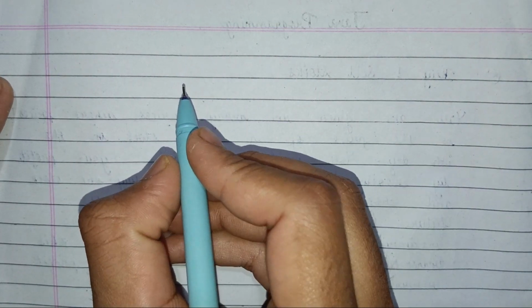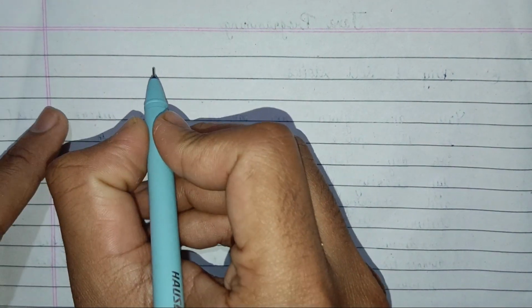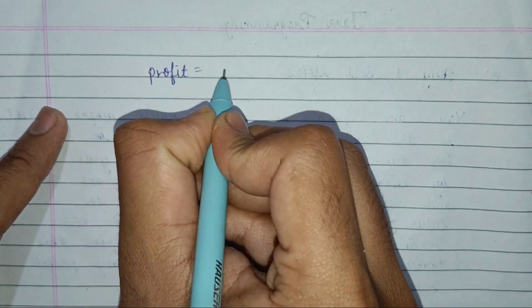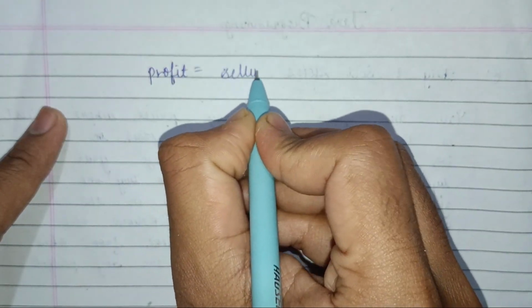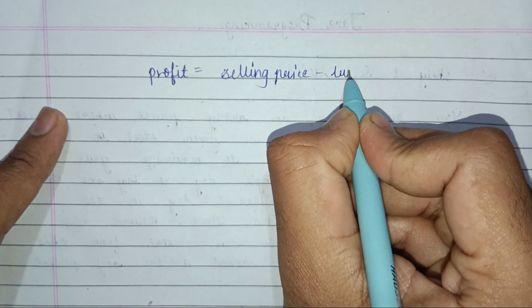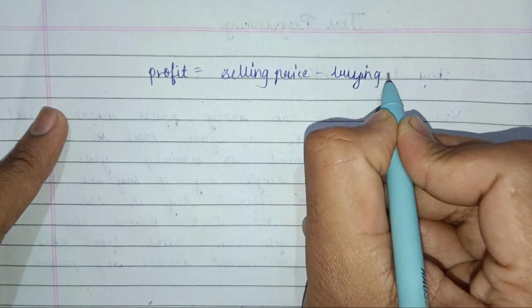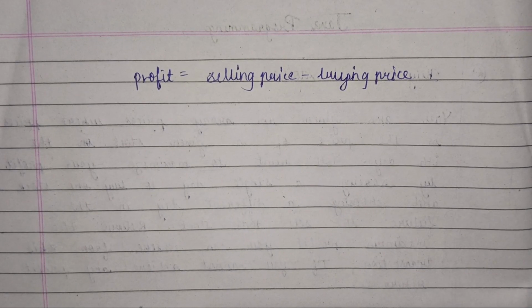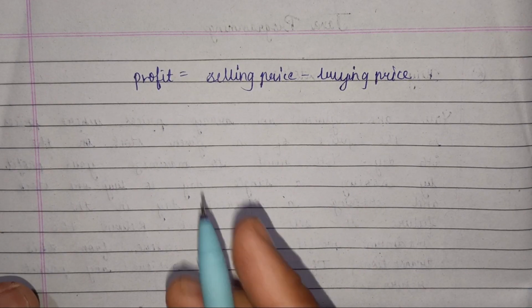Okay, so as we know that profit is equal to selling price minus buying price. Now we will take two variables.